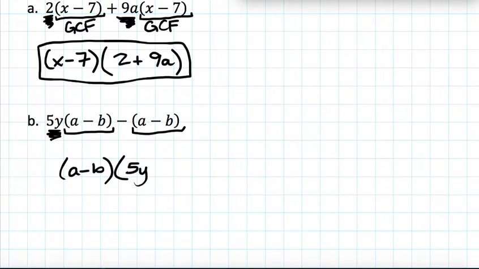Now for the second term you don't see any number in front of the parentheses, but you do see a minus sign, and so what you need to think about here is that this is an imaginary 1, and I need to put minus 1. If I don't put anything, then I just have 5y times a minus b, but I don't ever get this other a minus b term. So what I need is a minus 1 so that when I distribute, I get 5y times a minus b minus a minus b. So this is the answer for part B.